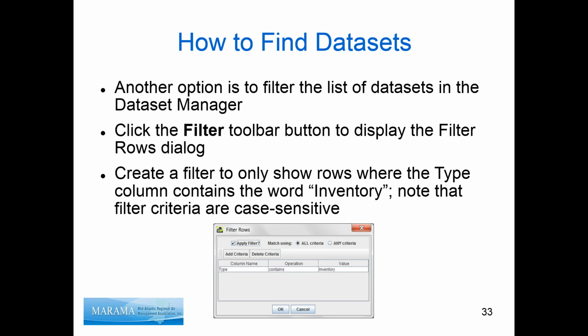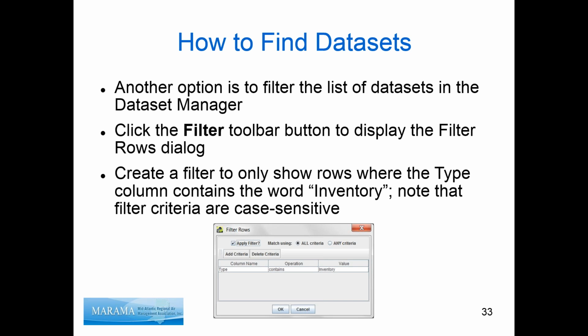A really handy thing might be to build a filter criteria where you say the data set type contains the word inventory. And so then that will show you all your data sets where the data set type contains the word inventory. Or maybe you want to see everything where the data set type contains the word non-road. It's another option for being able to filter data sets to just what you're looking for.